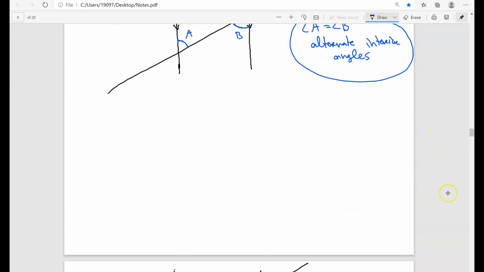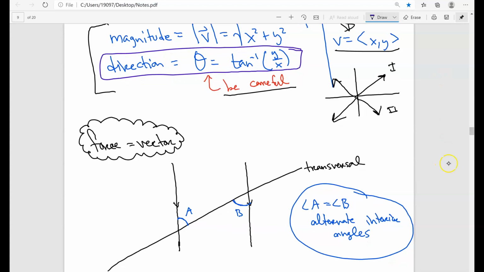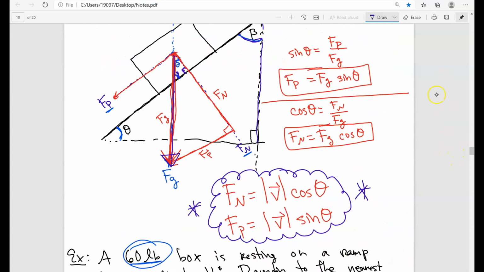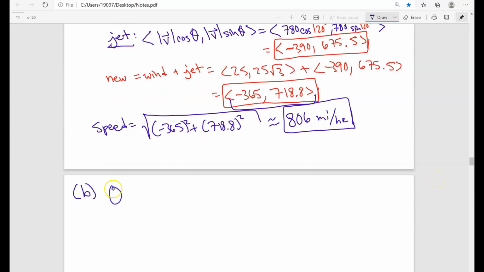If you remember when we were talking about direction, the direction is basically the inverse tangent of y divided by x. And here y is going to be the y component of the new vector that we just figured out. So theta is equal to the inverse tangent of y over x.